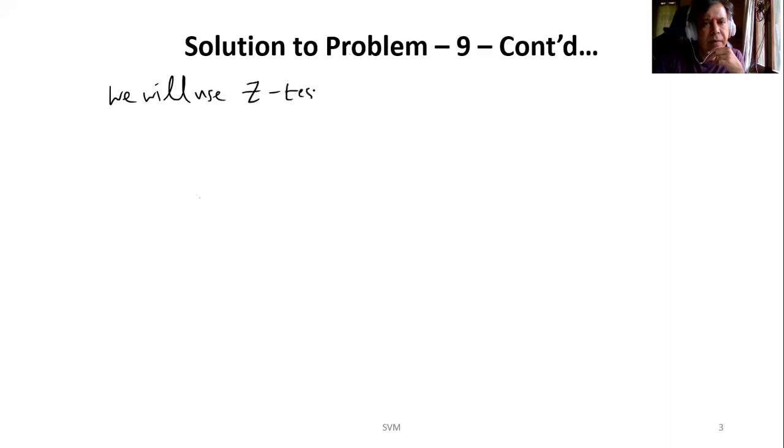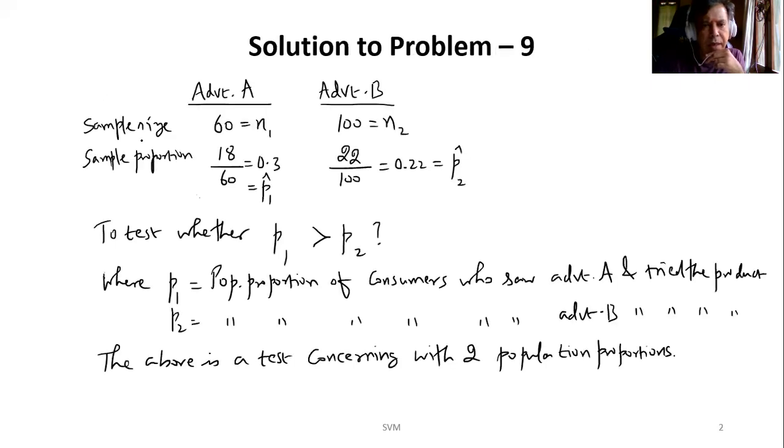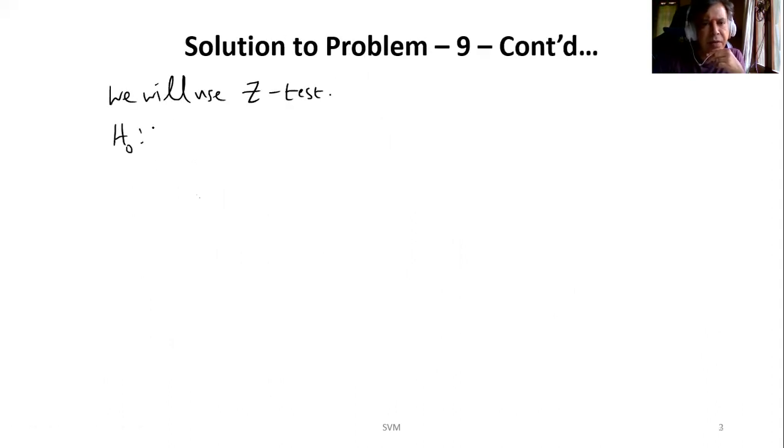Then next step is to freeze on hypothesis H0, H1. I can consider what is to be tested as H1 because you do not have any equality sign. So that means H0 will be both the population proportions are the same. There is no significant difference between those two. H1: P1 larger than P2. Since it is like this, it becomes a one-tail test.